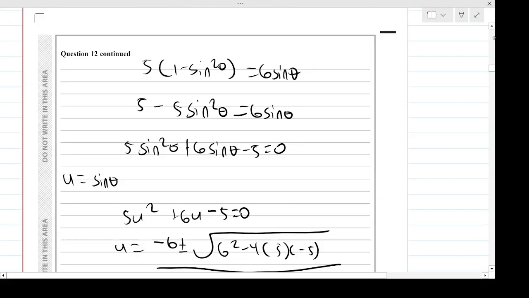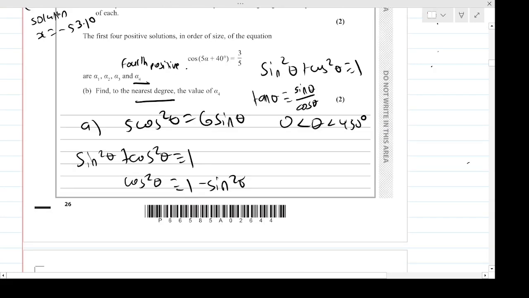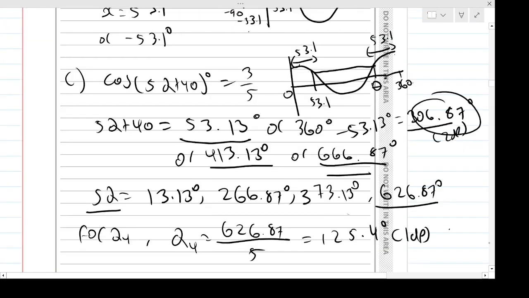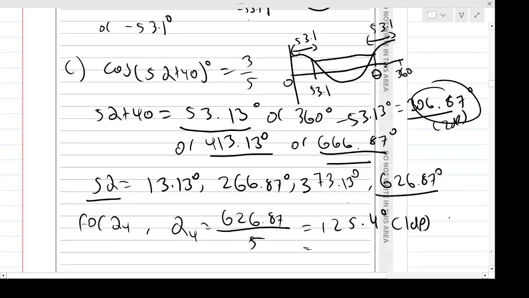It wanted it to the nearest degree, so I round to the nearest integer, which is 125 degrees.